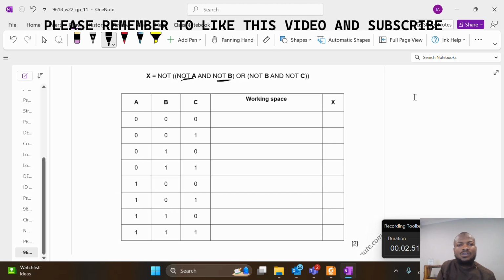So you can make the whole output of the first AND gate, let's say, D, and the whole output of the second AND gate E. Is this understood?